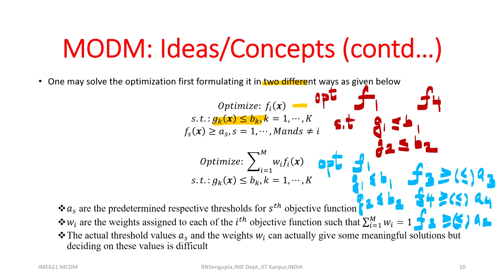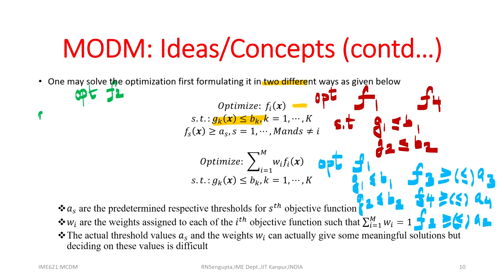Now, the question would be: if this is for objective function 1, can we formulate a similar set of problems based on only objective function 2? The answer is yes. So again I will use a different color, now green. Now you will optimize f2. We are only considering f2, nothing of the other.